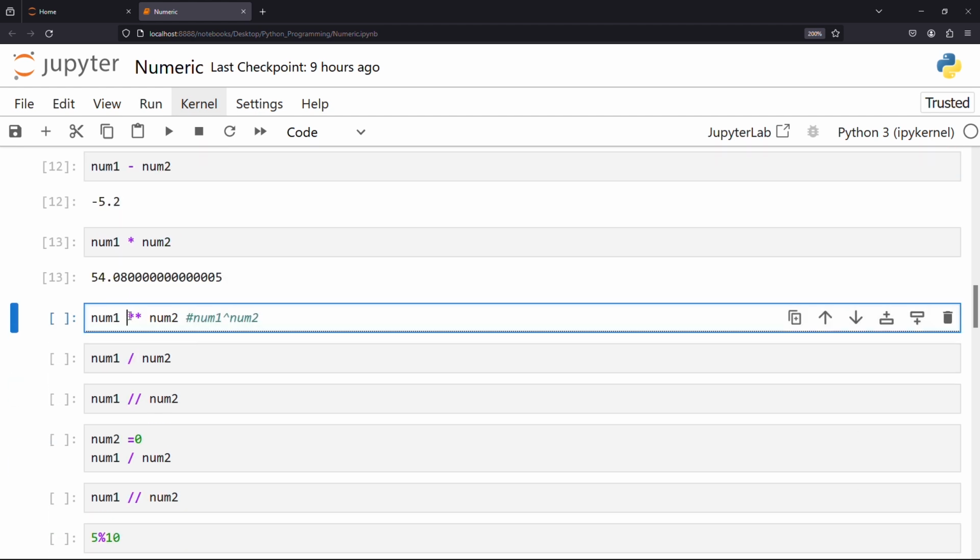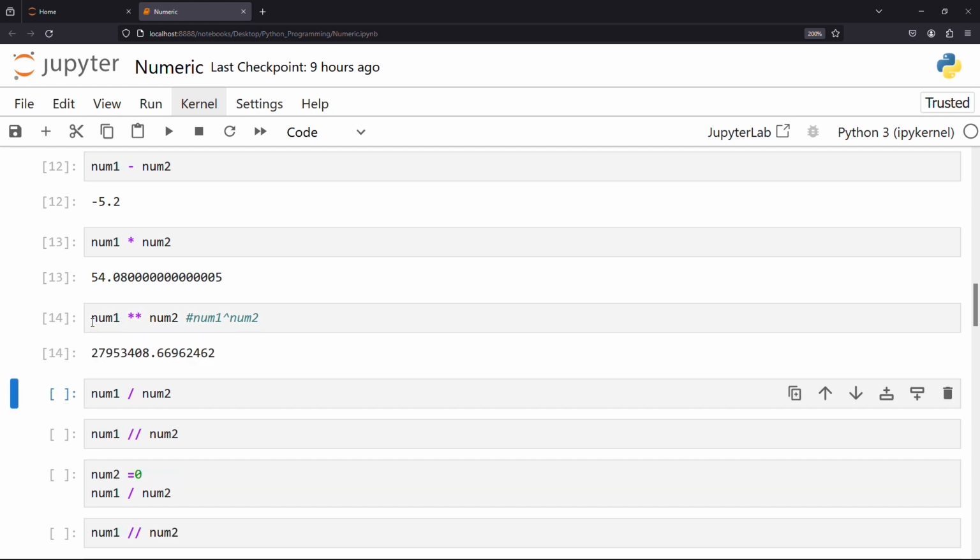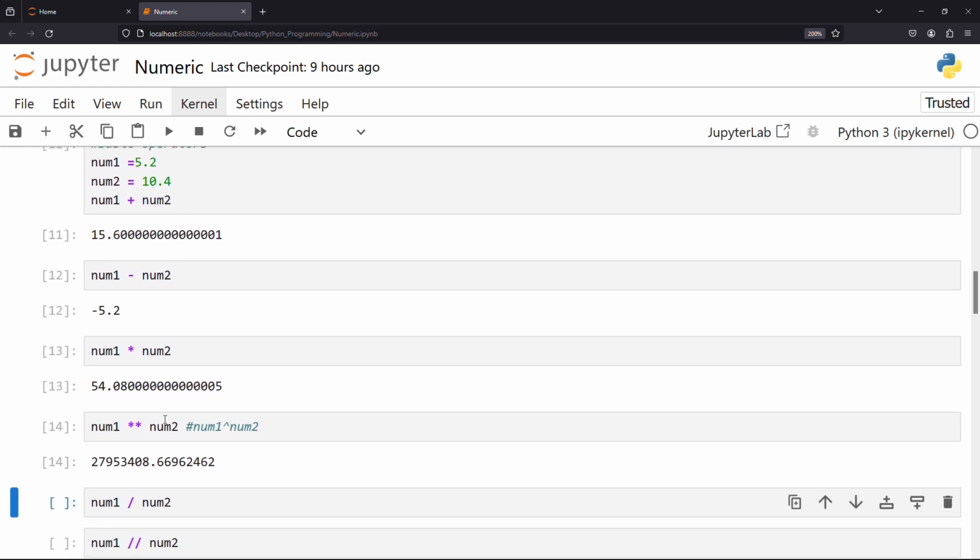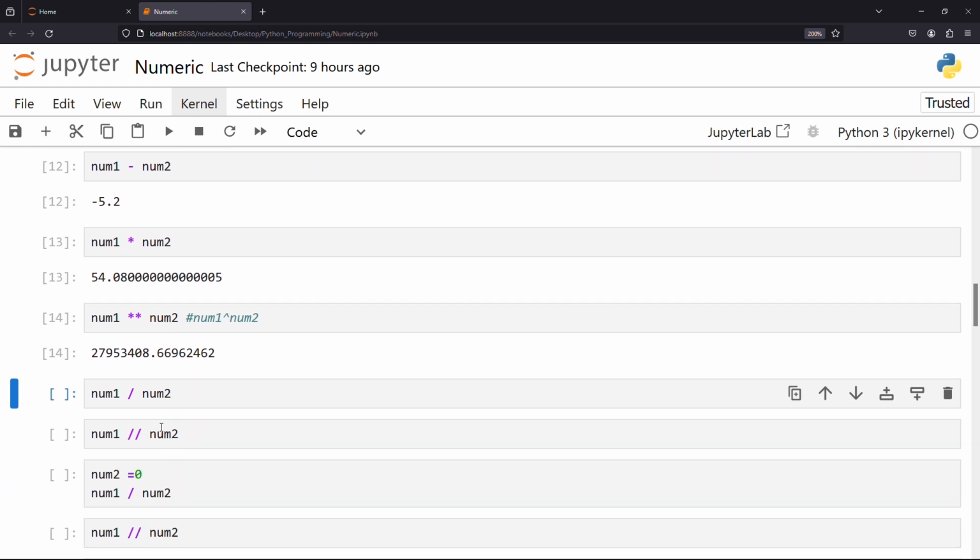You might not know this one: it is the power operator, meaning number one to the power number two. To understand that, we'll give small values in some time. For now, we'll continue like this.